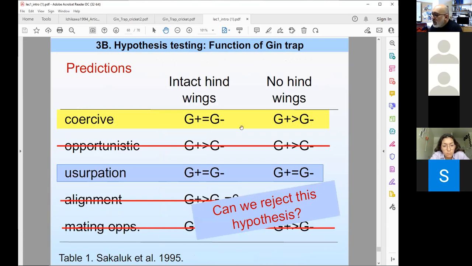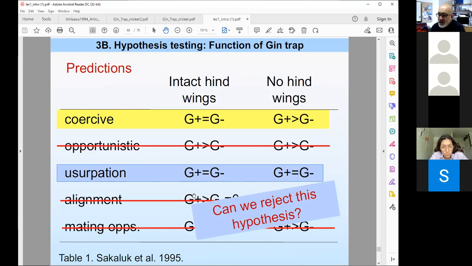Okay, so here we go through these different predictions, and this coercive hypothesis is the one that is most supported by the results here. Now, the usurpation hypothesis, can we really reject it? Well, no, because this experiment didn't really test it, because it didn't include other males, right?